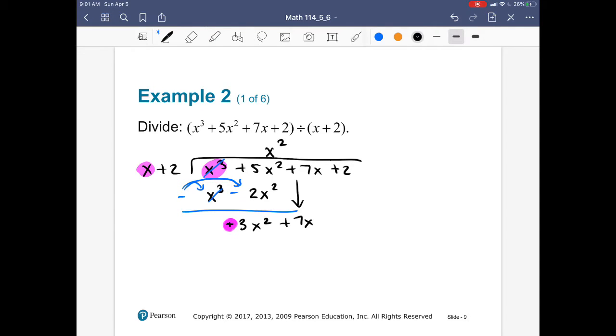But technically, this is a positive, so this one has to be a positive. So we're going to do the same process again. Now, I have to use this x to look like 3x squared. So I'm missing a 3. And here we have 1x. Here we have 2, so I'm missing an x. So there we go.